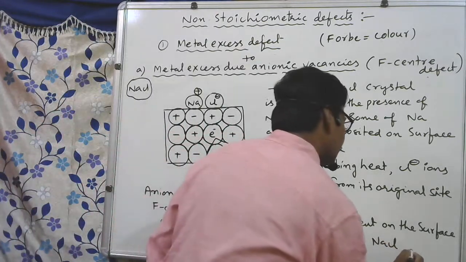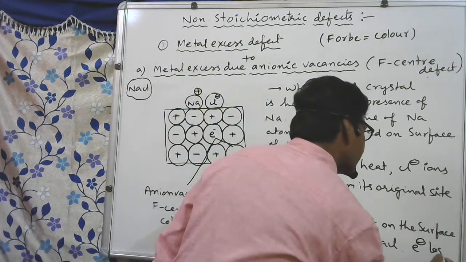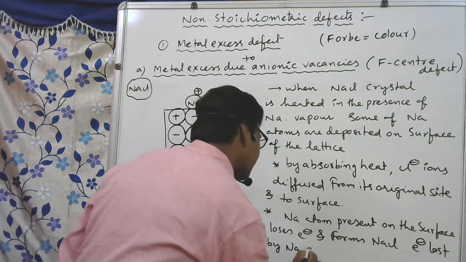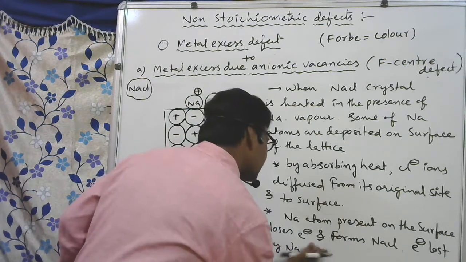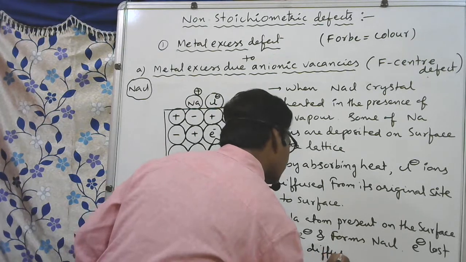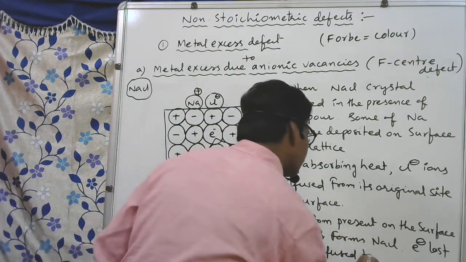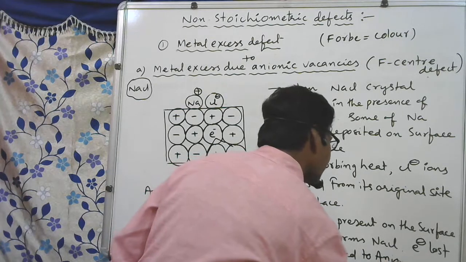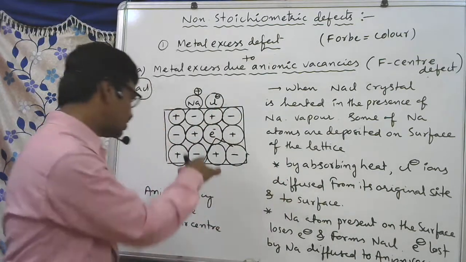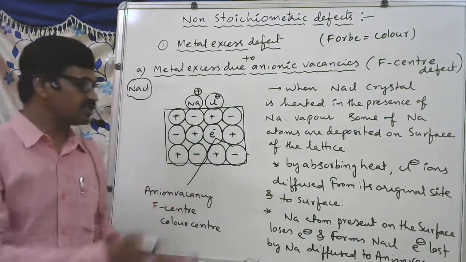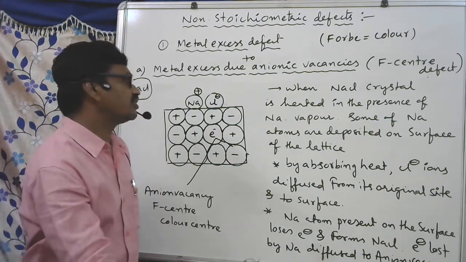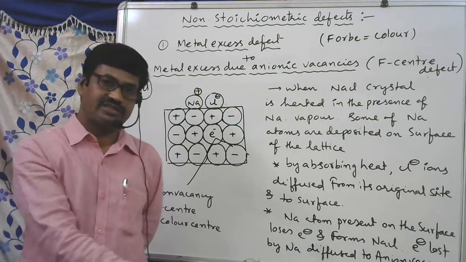The electron lost by sodium diffuses to the anion vacancy, which is nothing but the F center. So if you write this much information, it is enough for the metal excess defect due to anionic vacancies.